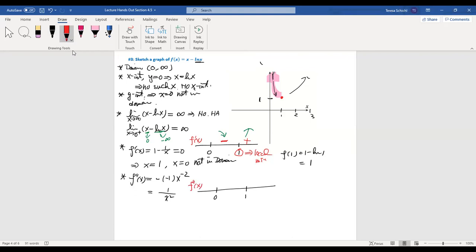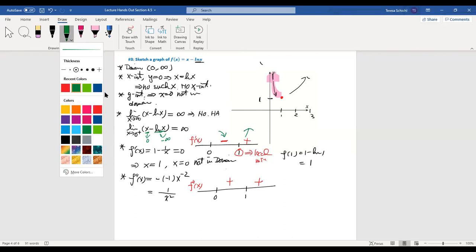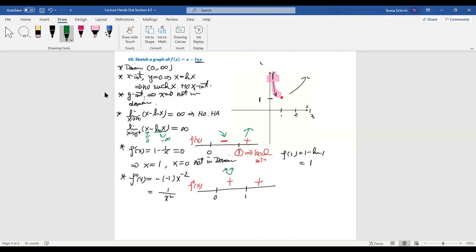Between 0 and 1 it's always positive, and from 1 to infinity it's positive, correct? Because this is always a square, so it's positive. Based on the second derivative, if it's positive, it's concave up. So f double prime of x is always positive. That means the whole function is always concave up.